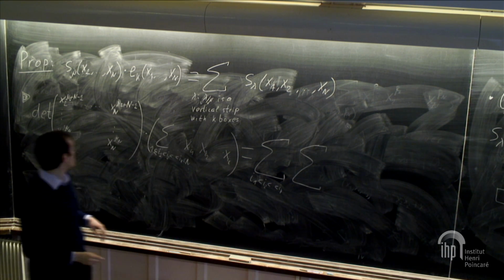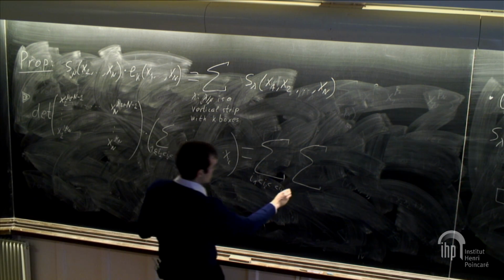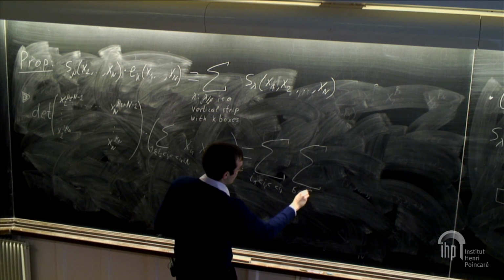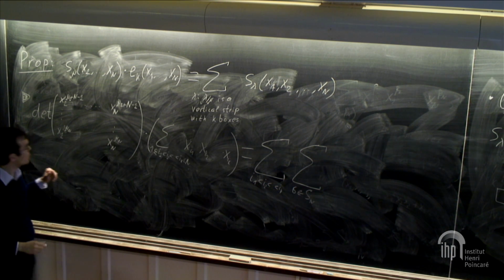So the determinant, as far as I remember, is the sum over all permutations sigma of the symmetric group of size n.